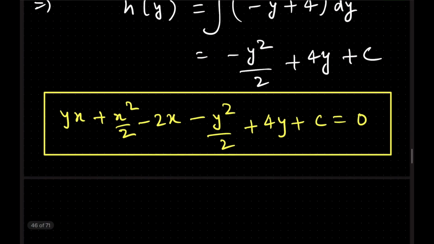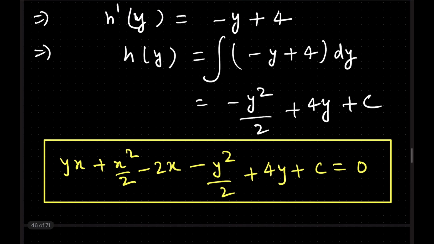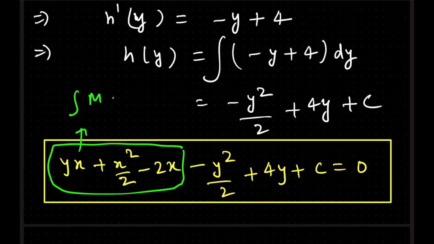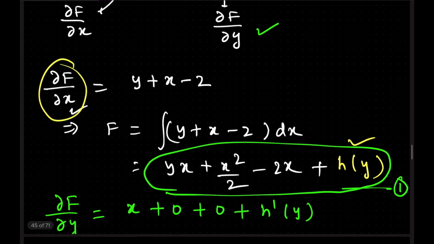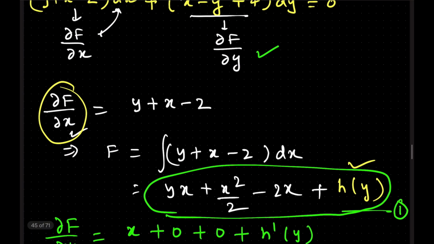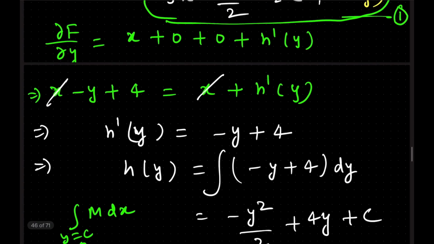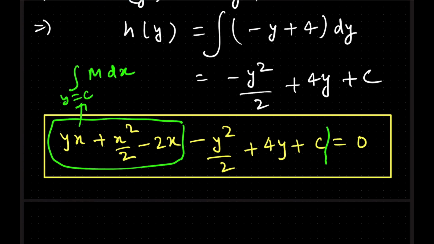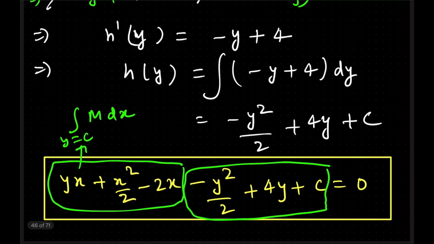If you carefully see here, this term we got by integrating M with respect to x assuming y as constant. And the second term, this one, we got when we integrated the N terms without any x term. When N is not having any x term and we are integrating with respect to y, then we are getting this.